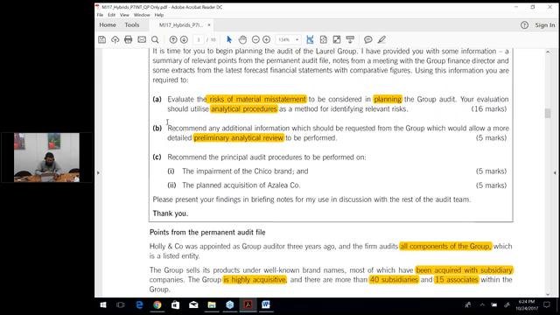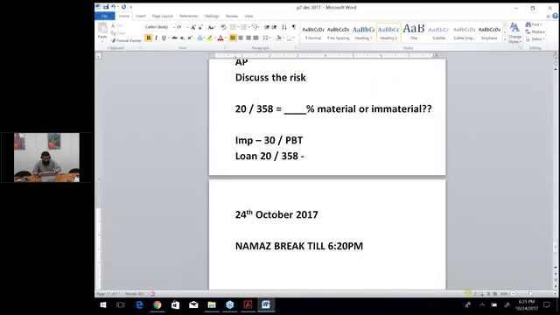Now, first of all, there are a few things to this question. Number one of them is recommend. Whenever the examiner talks about recommending, recommend does not just mean that you suggest. In fact, you suggest and you justify why you are suggesting it.